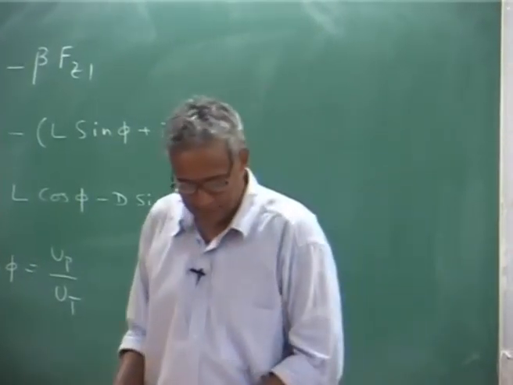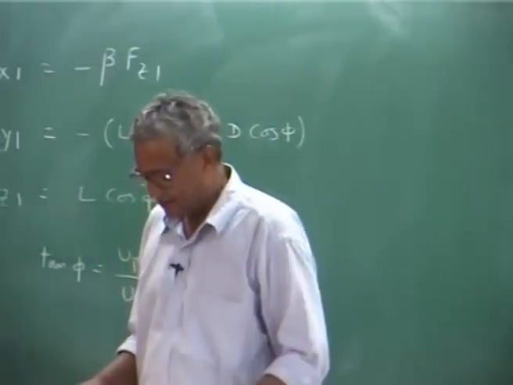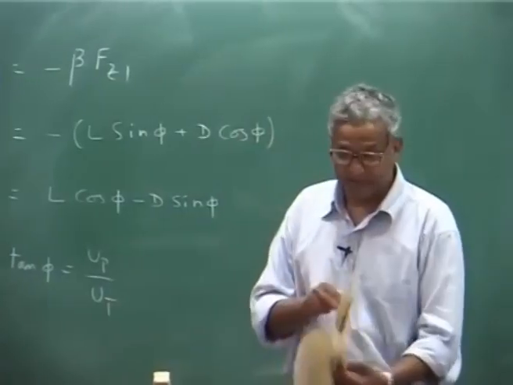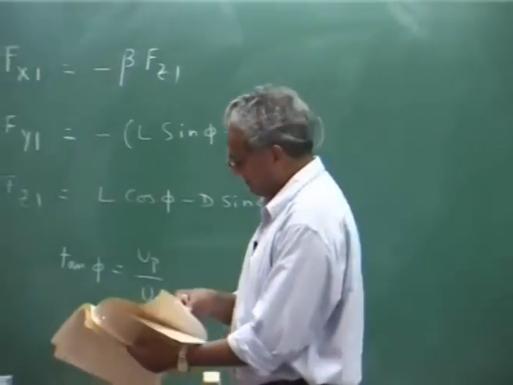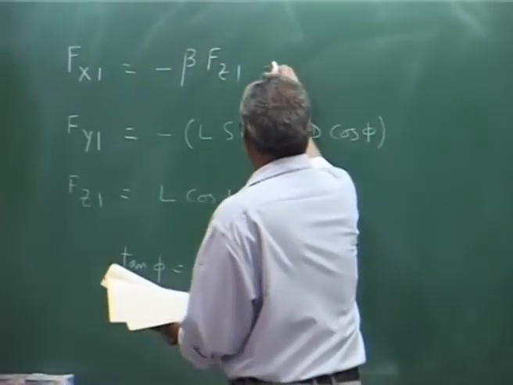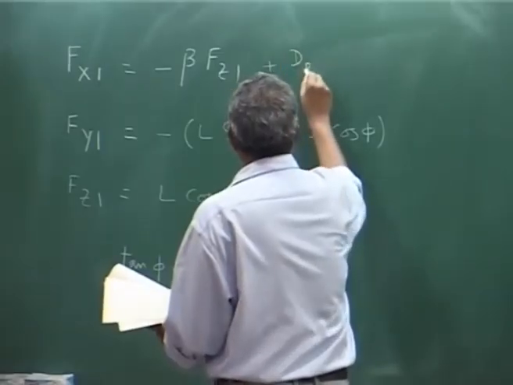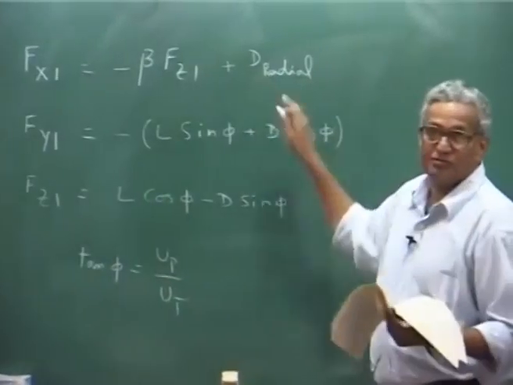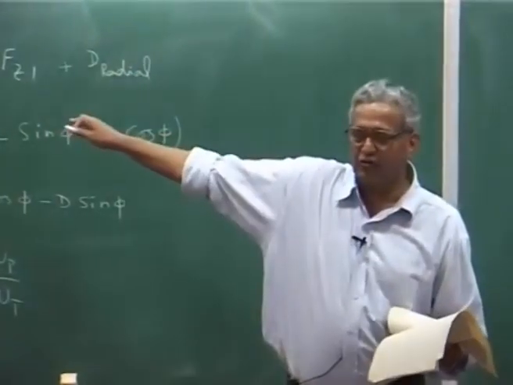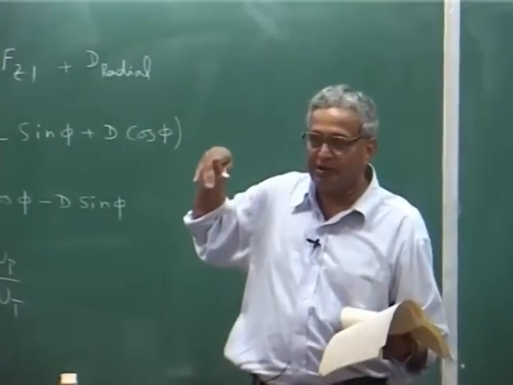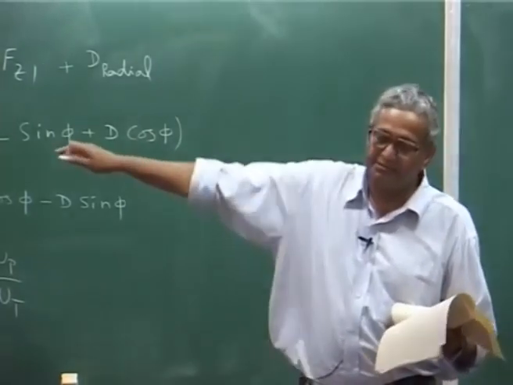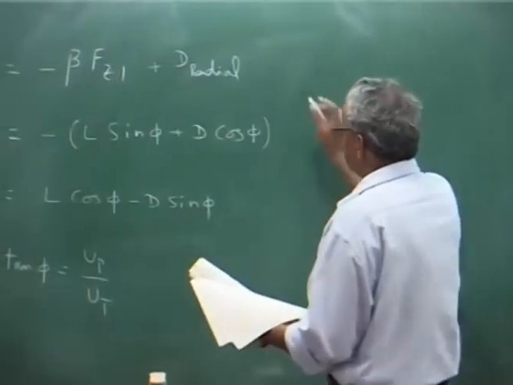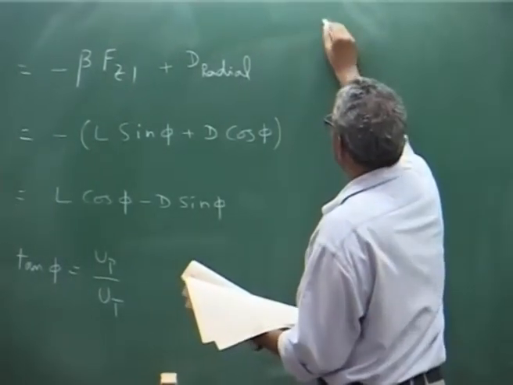That approximation is given by, I will just give you, but we will neglect that term in the rest of the formulation. I will write it d radial. This is drag due to a skewed flow past the aerofoil actually along the blade. Okay. This is written just approximately.